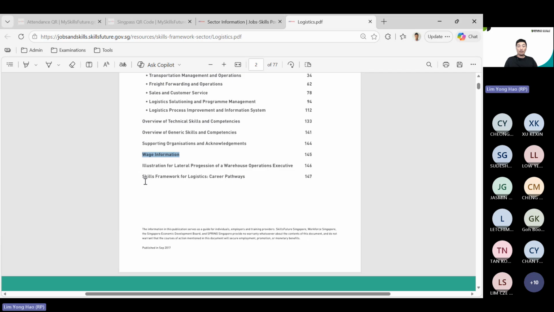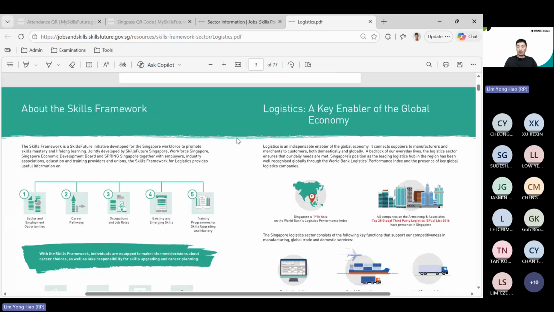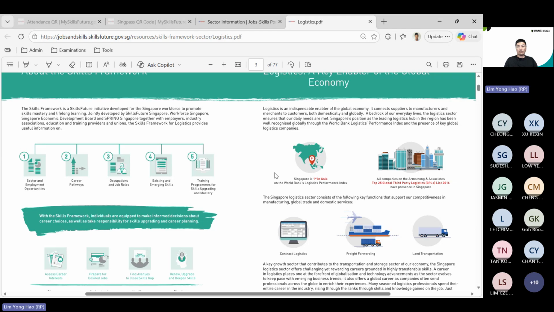And if someone really wants to move within this pathway, what are the prospects? All this information is there. Let's see, quite a bit. So we quickly go through it. Skills framework. Okay, so different general information. Why is logistics important?